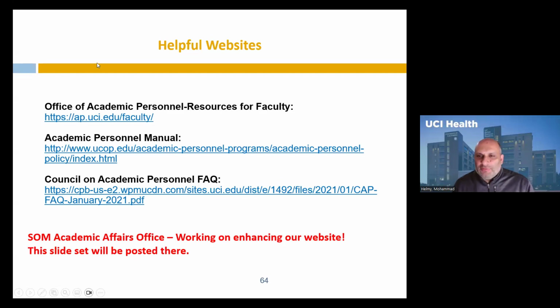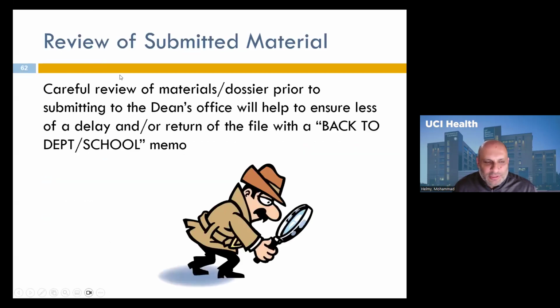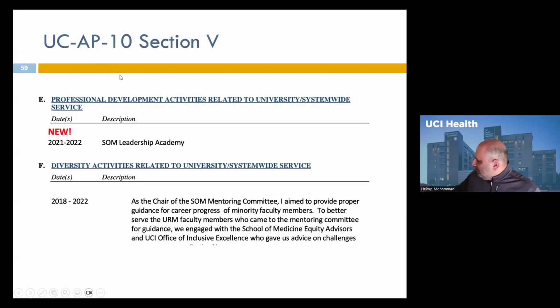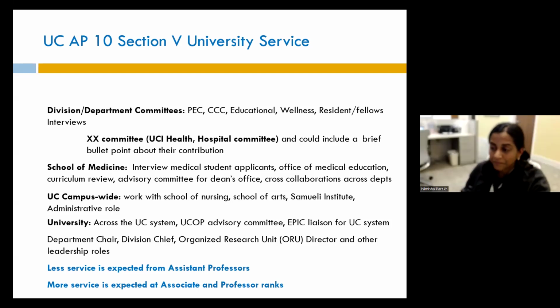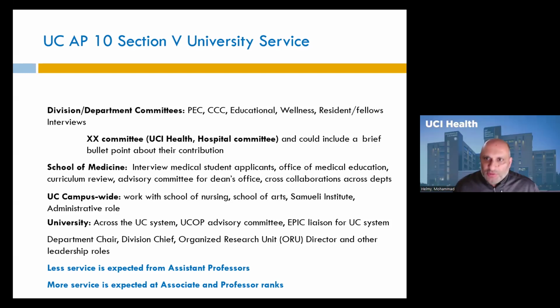Dr. Parekh, I want to clarify one thing if we go back a few slides under the service categories. If a department chair is serving at the discretion of the School of Medicine dean, that contribution would probably be listed under School of Medicine. A division chief would be serving under the chair's discretion or direction, so that would be listed under department level service.